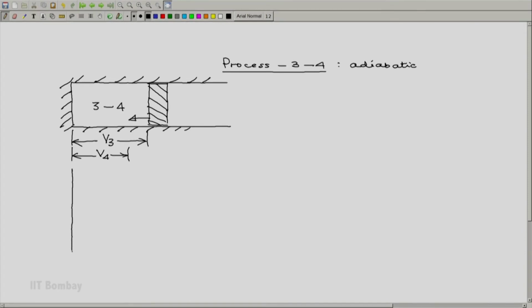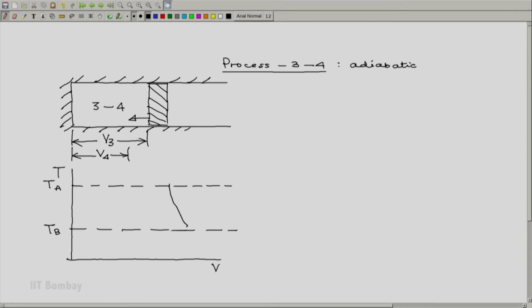How will it look on the TV diagram? Again, isotherm at TA, isotherm at TB. We have already executed 1 to 2 and 2 to 3. Now we execute this adiabatic compression from 3 to 4.